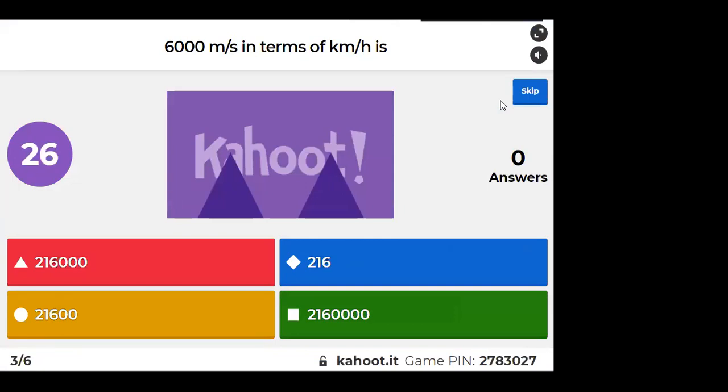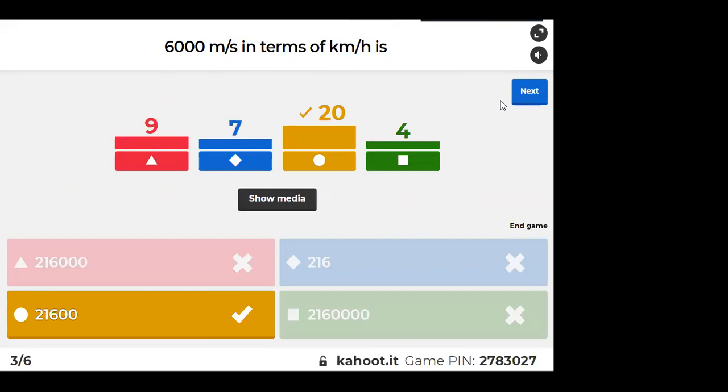Next Kahoot. 6,000 meter per second in terms of kilometer per hour. Yes, very good.